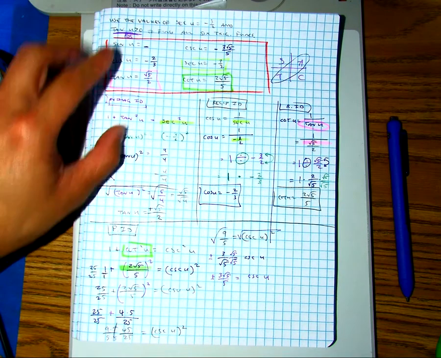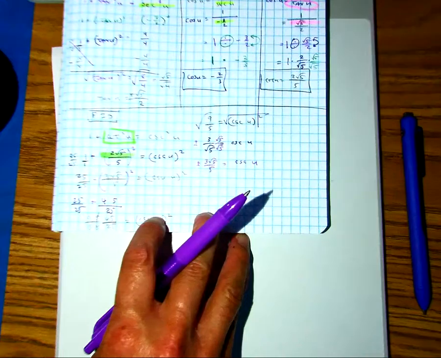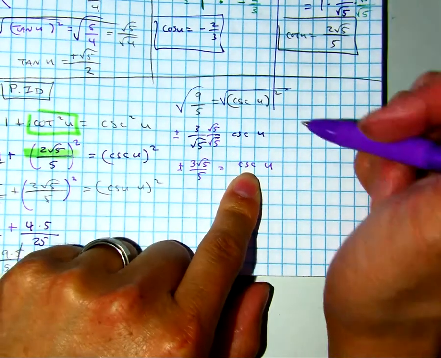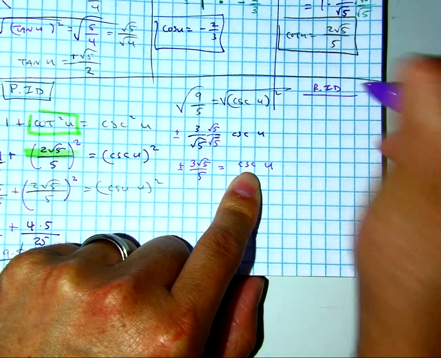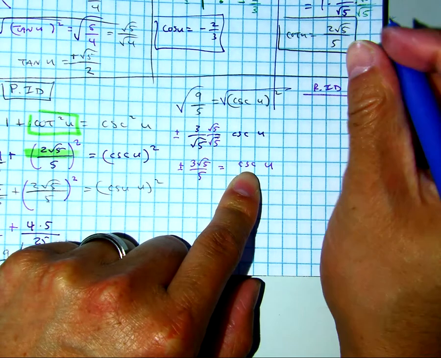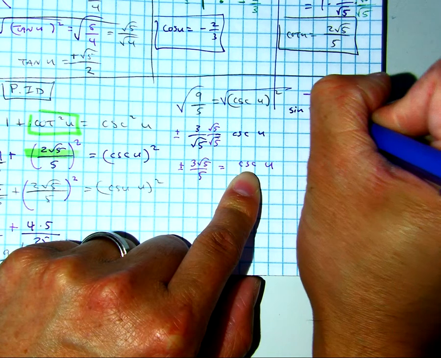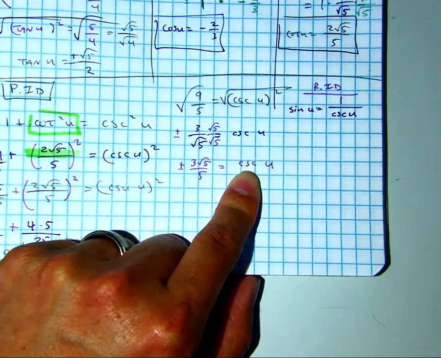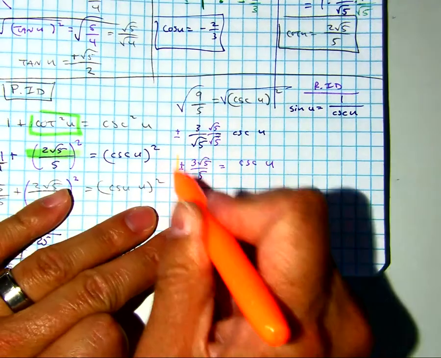And the last one. To find sine, I just need to take the reciprocal. So reciprocal identity. I want to find sine, so I'm writing sine first. So now I can do a substitution here.